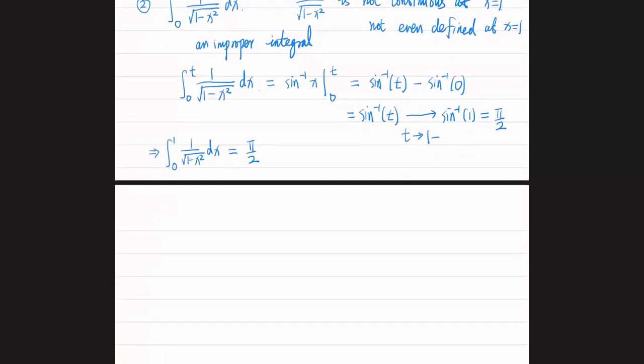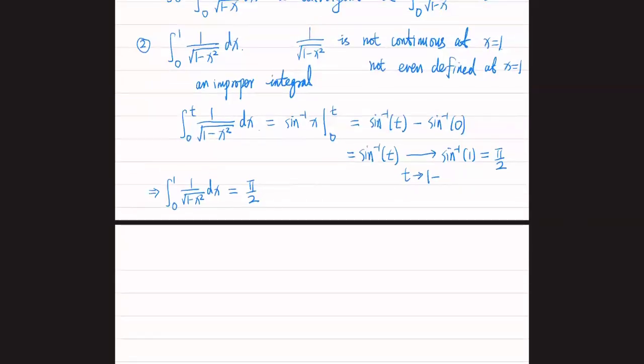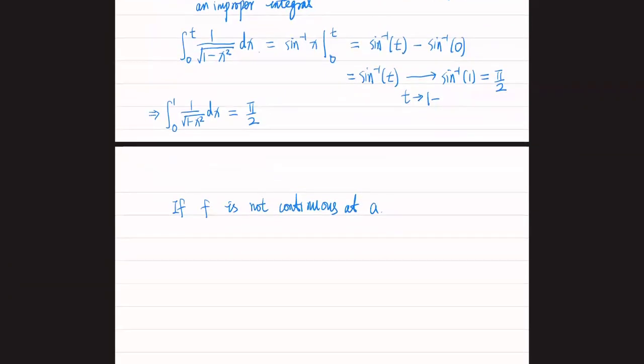Okay, a similar case: if f is not continuous at a, this improper integral is defined as a limit, with the lower limit decreasing to a from the positive side.